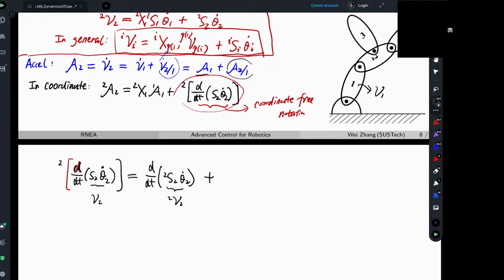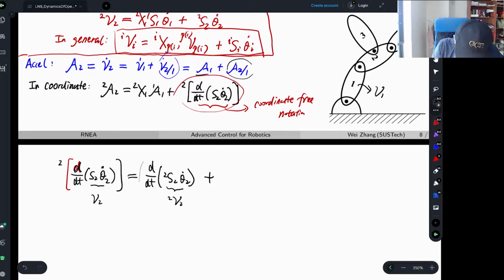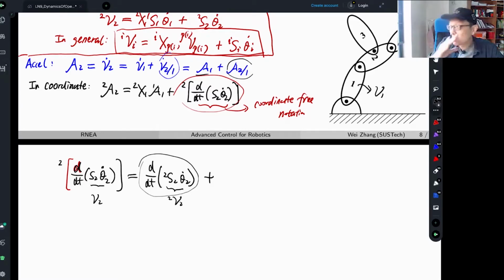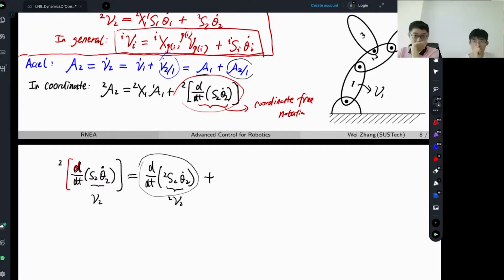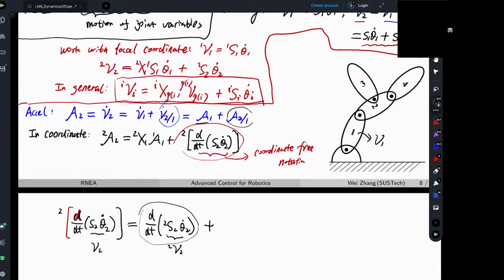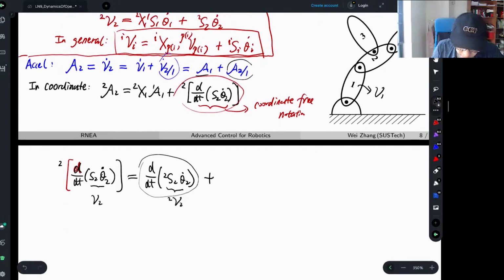Plus s2 theta 2 double dot. Well, that's this term. Let's not worry about this term. So that's the apparent derivative of v2 in 2, because we're taking the derivative of v2, and we use frame 2. Is frame 2 moving or not? Yes, frame 2 is moving. What's frame 2's velocity?